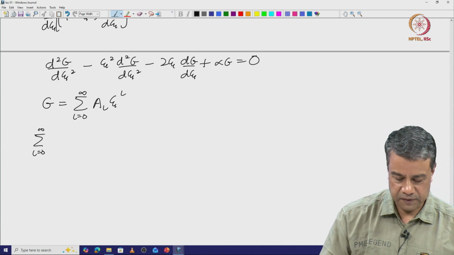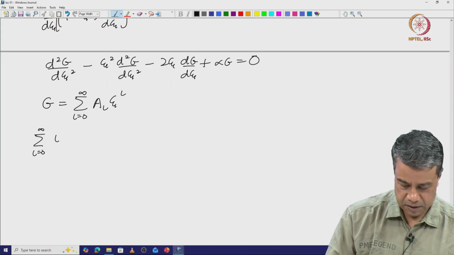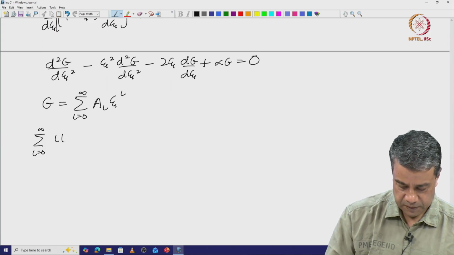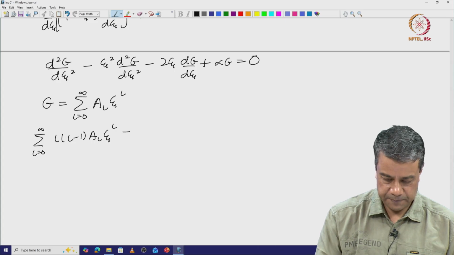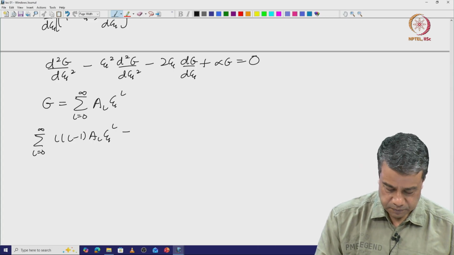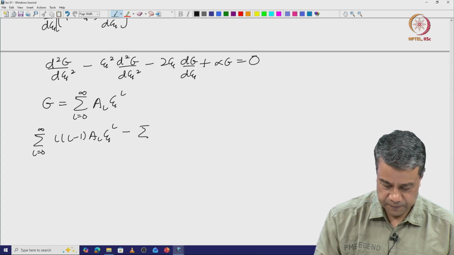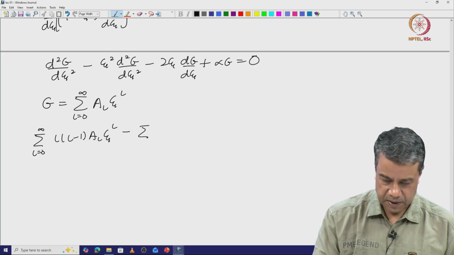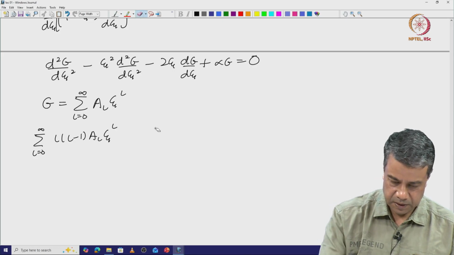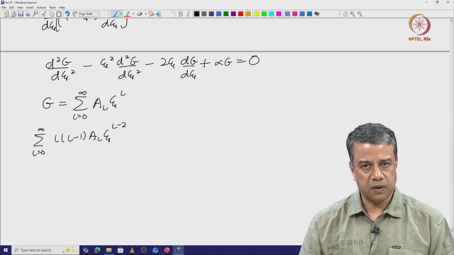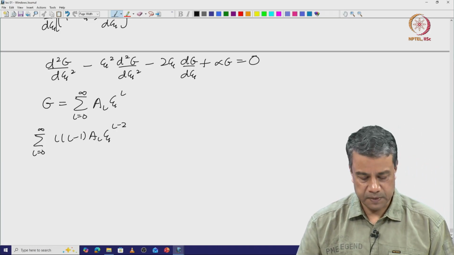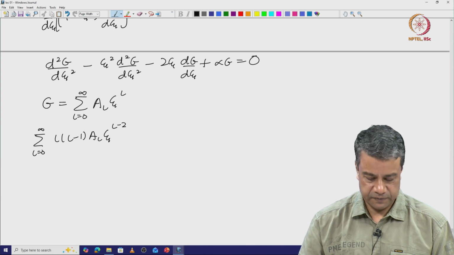When I take two derivatives, I get L into L minus 1 a l psi power l minus 2 is the second derivative.